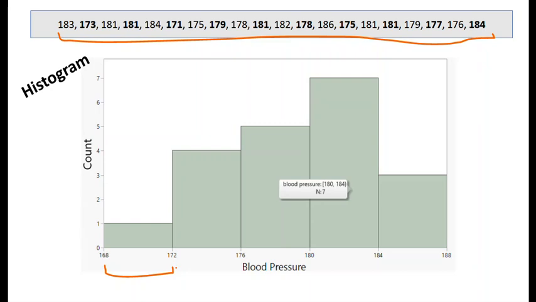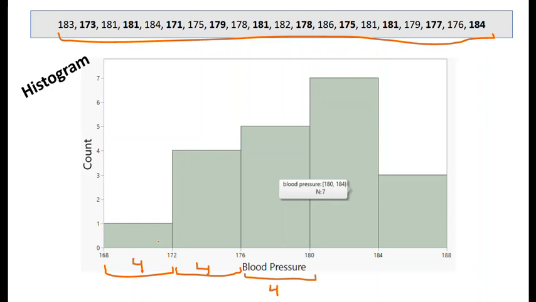Another bin from 172 inclusive to 176 exclusive. Another from 176 inclusive to 180 exclusive, and so on and so forth till the end. Now, as you can notice, the width of the bins is the same, right? It's 4. 4 here, 4 here, and 4 here.